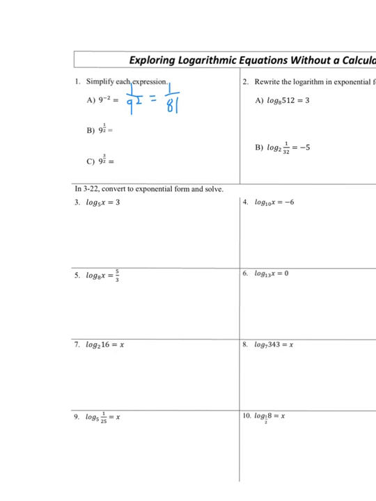9 to the exponent 1/2. So whenever we have a rational exponent, we ask, okay, 9 is our base. What two numbers multiplied to get 9 that are the same number?